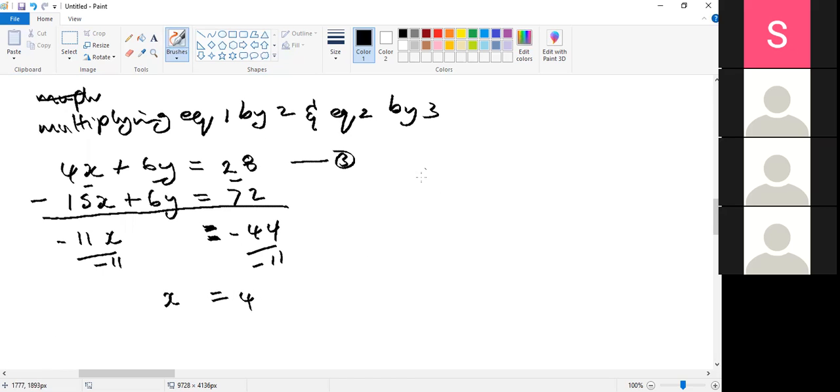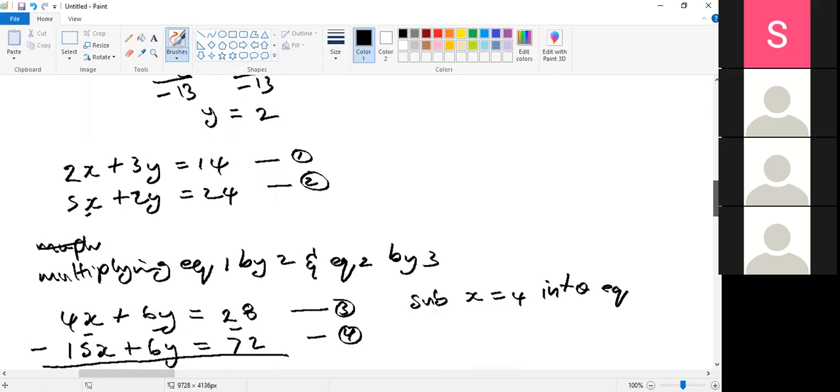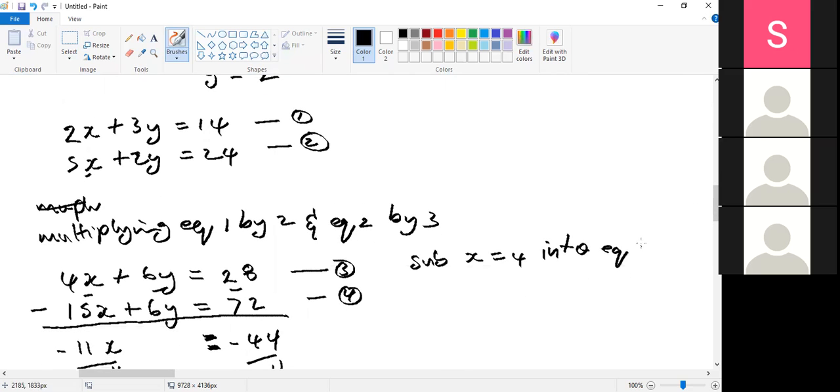And then we substitute x equal 4 into equation 1. So this becomes 2 times 4 plus 3y equals 14.